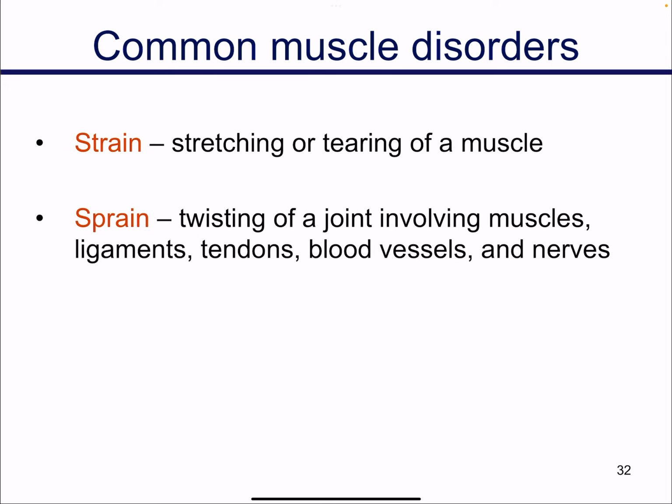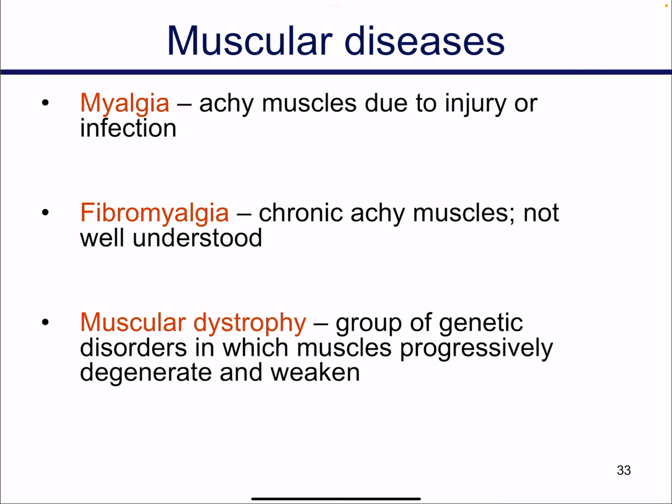Muscles of your foot too, right? You have the strain. The strain is a stretching or a tearing of a muscle, while a sprain is a twisting, typically where there is a joint, right? Tendons, ligaments, blood vessels, and nerves can suffer from that.